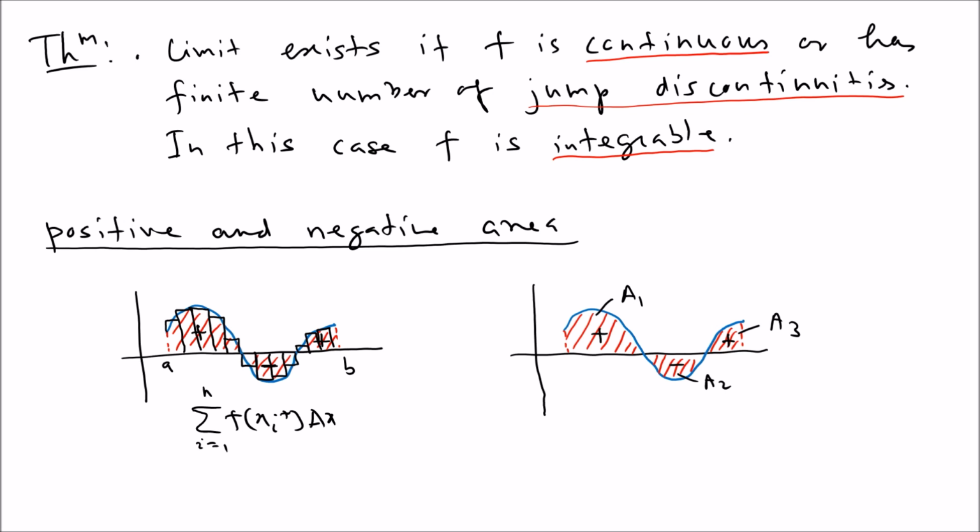So if you integrate from a to b, it is not exactly the area. It is area a1 minus a2 plus a3, because a2 is a negative area. So that's the basic idea.